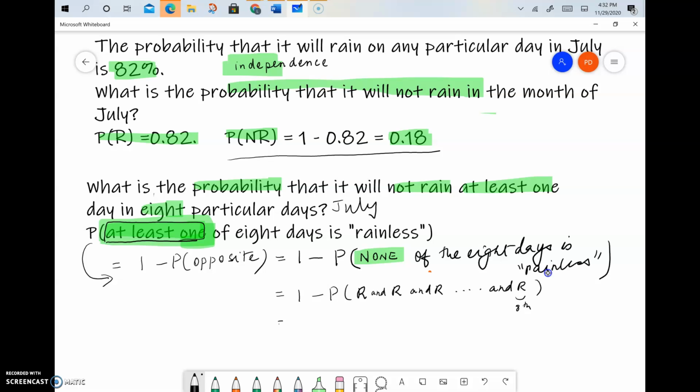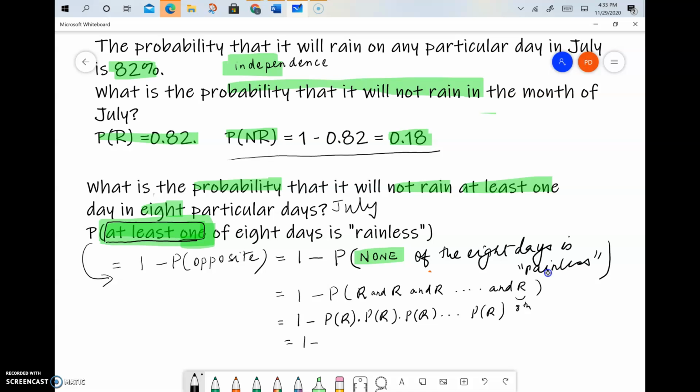Remember, the word "and" is associated with the multiplication rule, and since the events of rain on any 2 days are independent of each other, we use the straightforward multiplication rule, which is the probability of R times the probability of R times the probability of R, and we keep going on until it's the probability of rain on the 8th day.